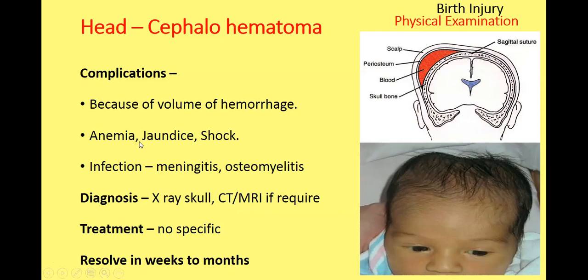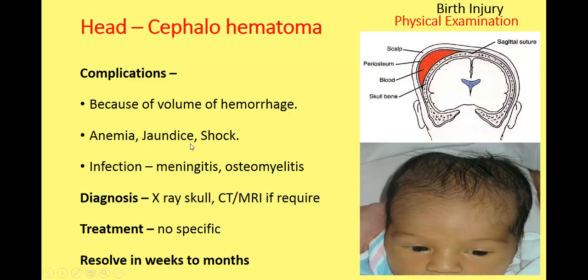For the complications, if there is anemia, we have to manage anemia with transfusion of whole blood or packed RBC. For the appearance of jaundice, we have to manage jaundice with phototherapy, extensive phototherapy, or double-sided phototherapy to prevent the condition of kernicterus.